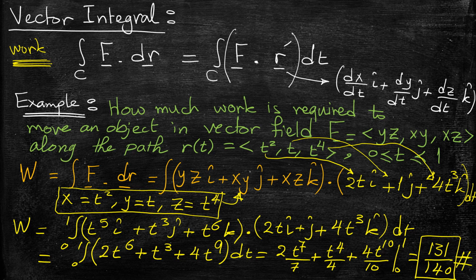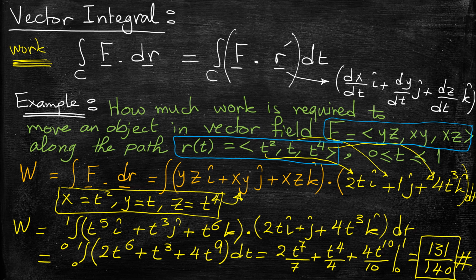So what does this value represent? This value here represents the work done by this force, which is given by yz in the x direction, xy in the y direction, xz in the z direction, along this path here, which is given by this r, this vector defined by the parameter t: t squared in the x direction, t along the y direction, and t power 4 along the z direction.